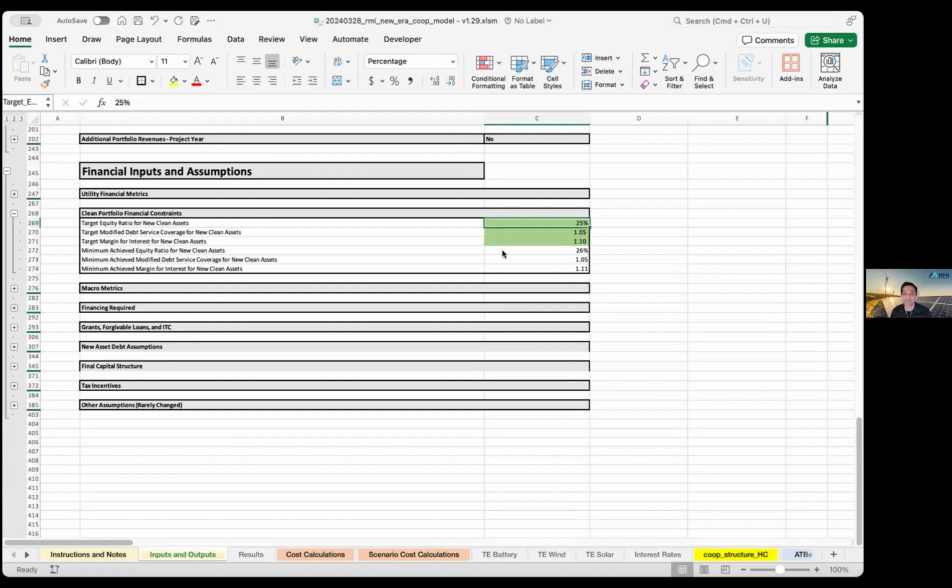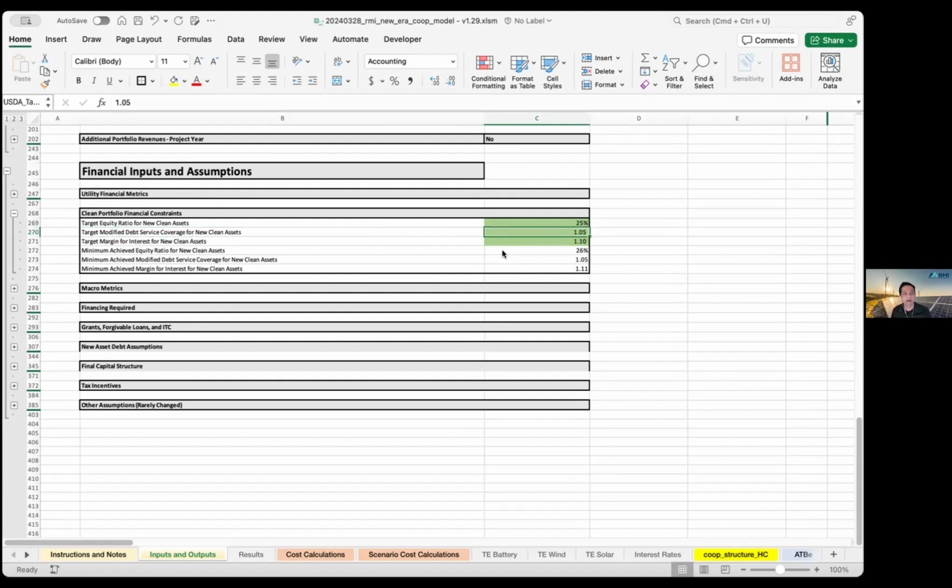But we allow you to separately incorporate a target equity ratio that you'd like to see for this portfolio, and then for each subsequent portfolio and then in aggregate. The target equity ratio that you would like to see met for the financing in isolation that you're going to be getting for these new clean energy assets.